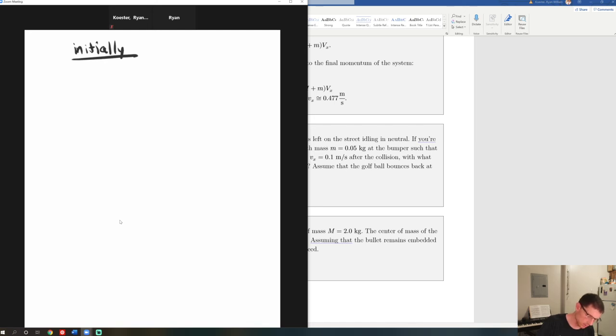I'm not an artist. Like that. That's the car, right? Isn't it a nice car? And the golf ball is moving toward it with, I don't think I called it anything in the problem statement, so I'm going to call it U.